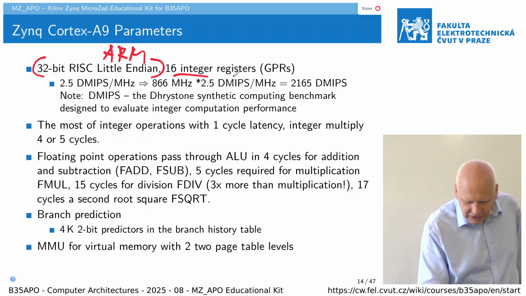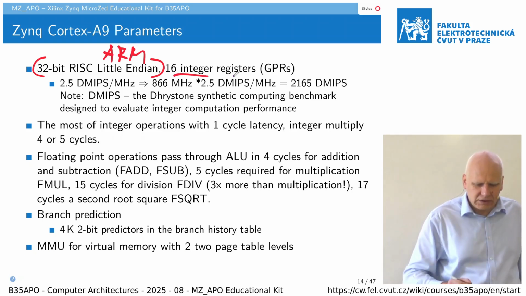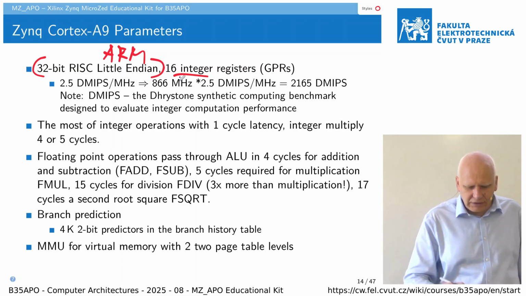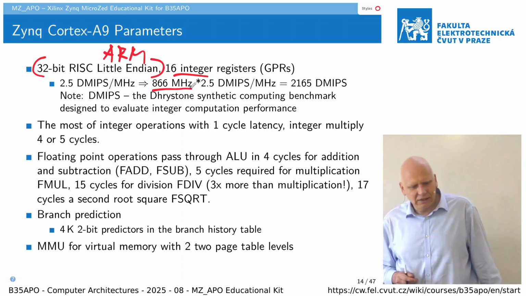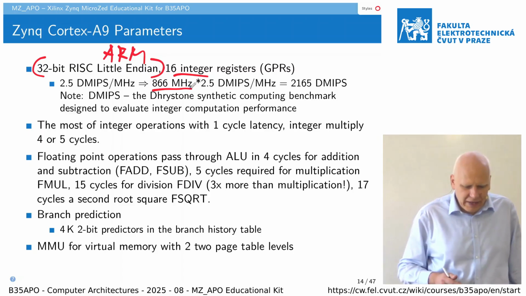Yes, we have 16 general purpose registers, and the processor typically runs at 800 and something megahertz.